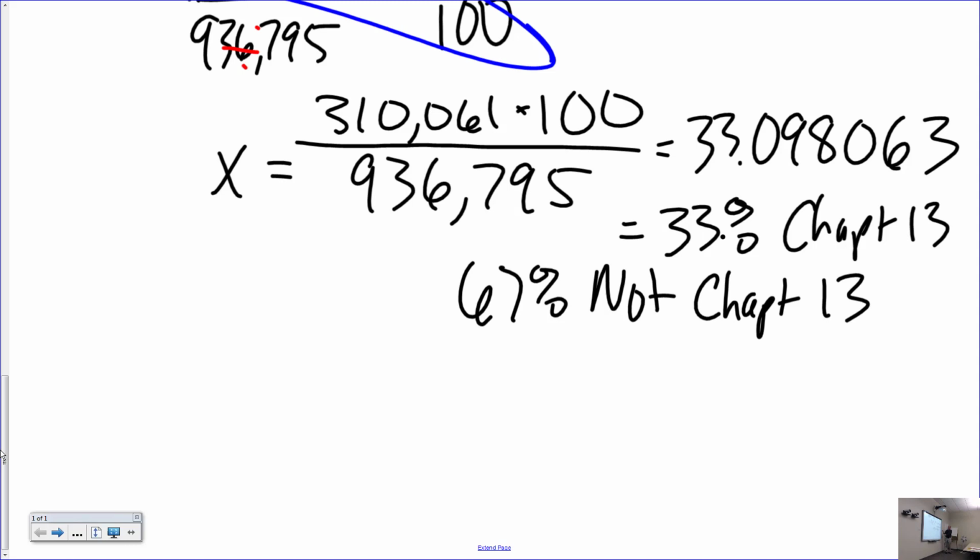And note, it's my opinion in this particular problem, folks, that it is way easier to calculate the 33% first and then subtract, as opposed to trying to take the difference between 936,795 and 310,061 to figure out how many of them actually were not chapter 13. But you could have done that, right? You could have done the subtraction of these two numbers first to figure out how many are not chapter 13s, and then figure the percent out to get to the 67. Either way is okay. All right?